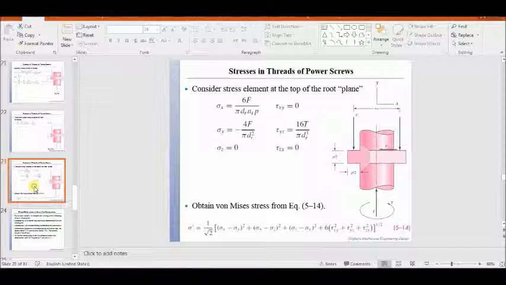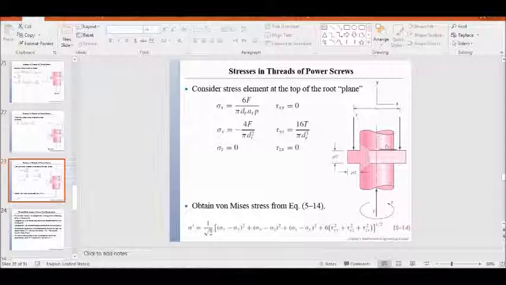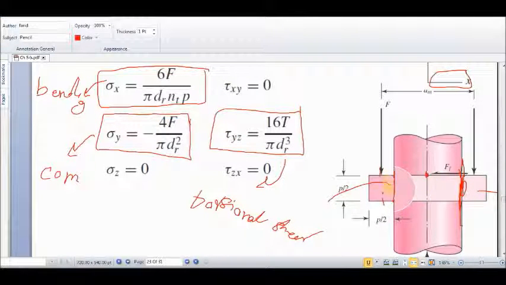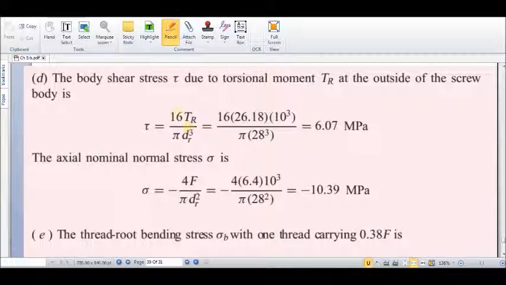So by using this statement, we can conclude that the most critical location is at the root of the first thread. First, find the torsional shear stress on the body of the screw.